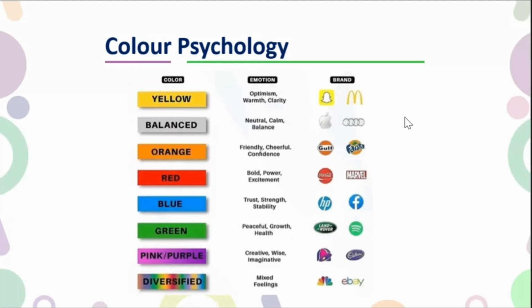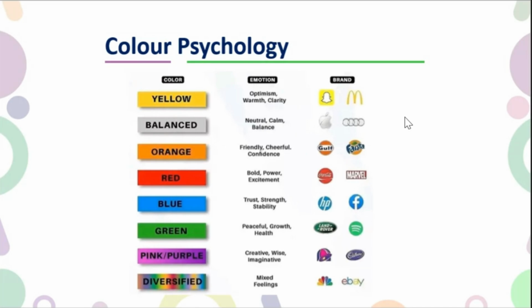So we have Audi, that popular car. We have their logo there. It's like a silver color. So that's how they use it. Apple also uses that color. And the emotions: yellow stimulates optimism, warmth, clarity. The balance stimulates neutral, calm, balance.